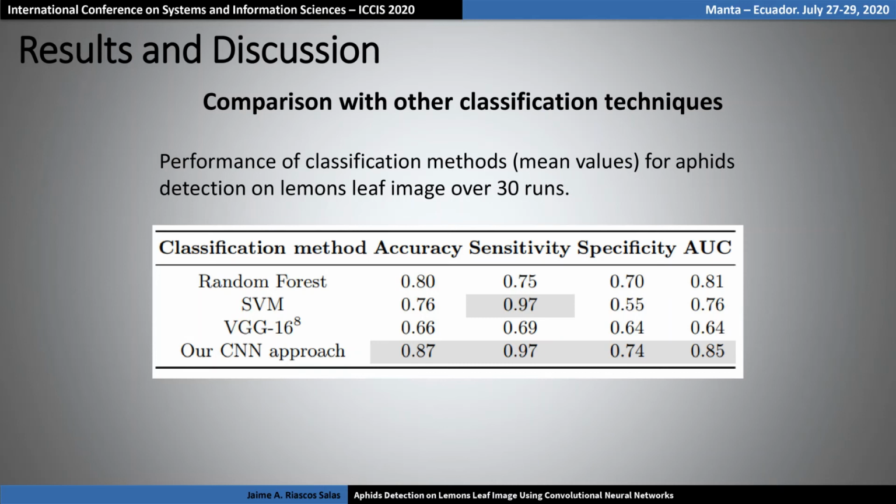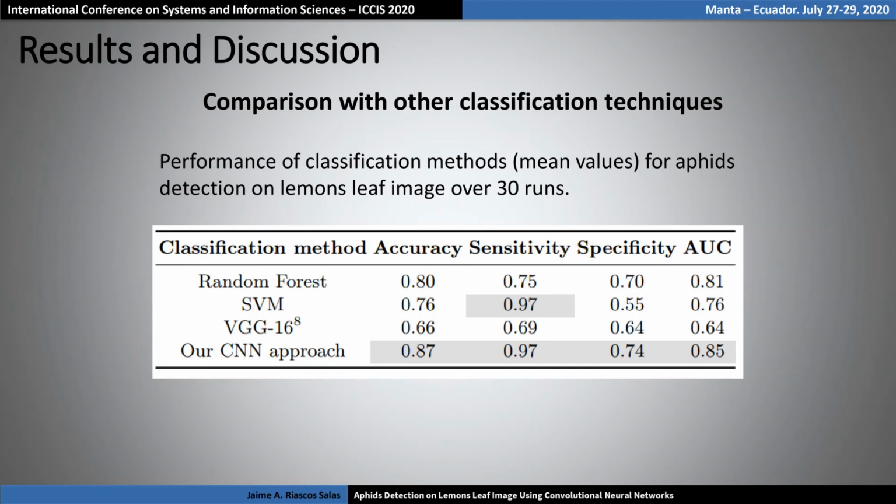From the comparison of our CNN approach with the other classification methods using the same dataset, the potentialities of the method for the detection of healthy leaves and leaves with the presence of aphids can be deduced. An 87% accuracy implies that globally our CNN-based classifier is doing a good job identifying aphids on lemon leaf images.